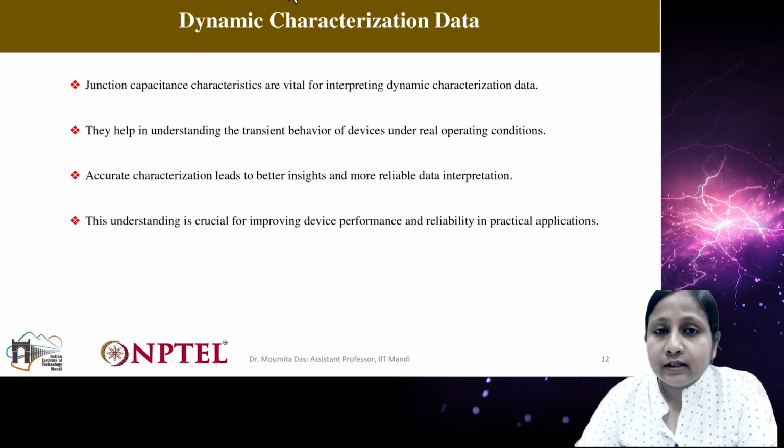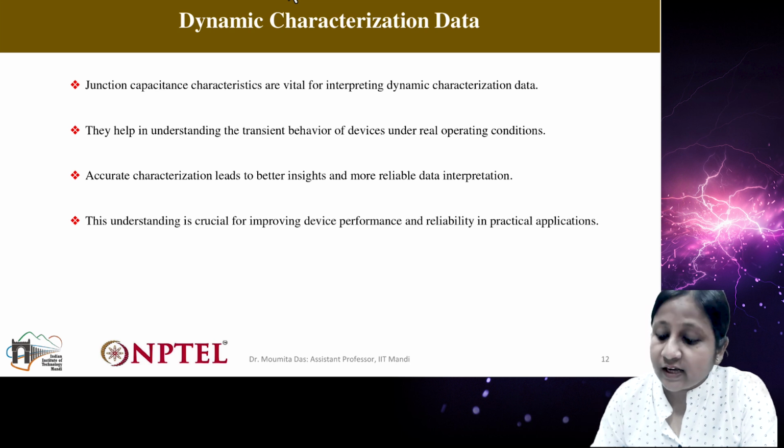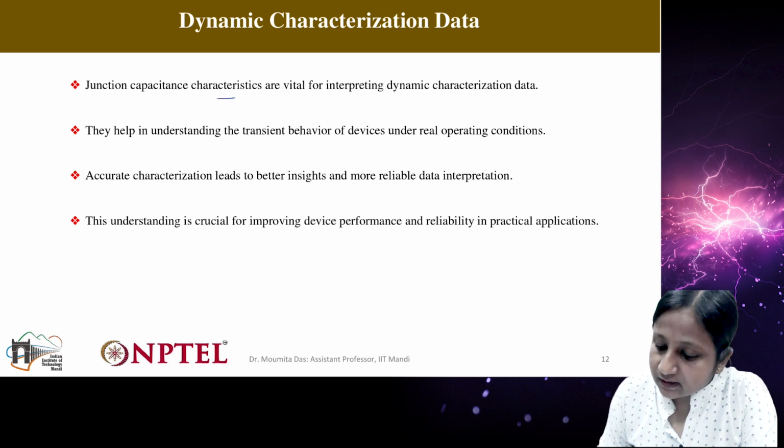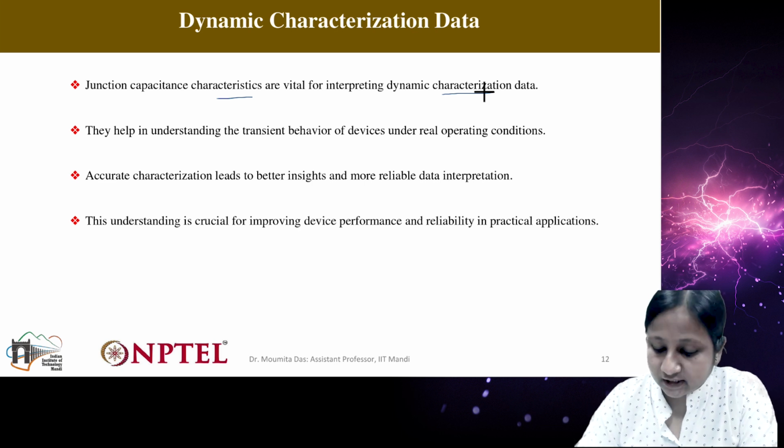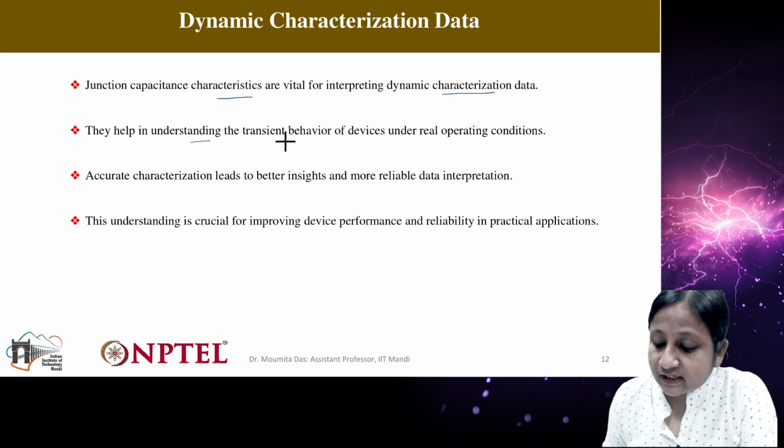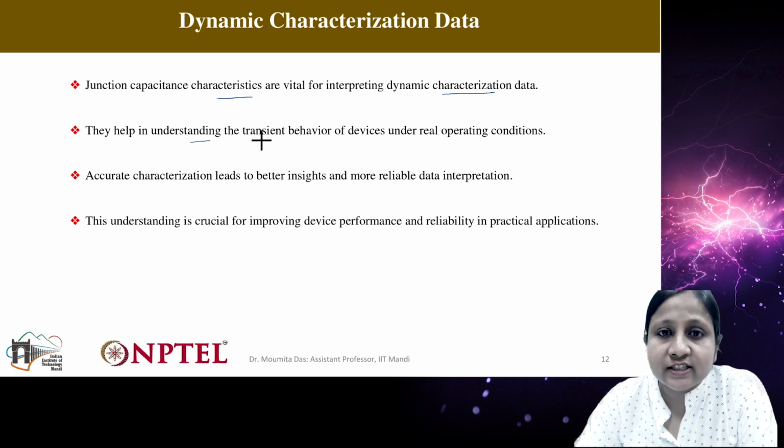And a very important point is the dynamic characterization of the device. Dynamic characterization of the device will be possible by knowing these parasitic capacitances. This junction capacitance is very important for getting dynamic characterization data. They help in understanding the transient behavior of the device. As I told you, the input capacitance generally comes into the picture during the turning on and turning off condition.